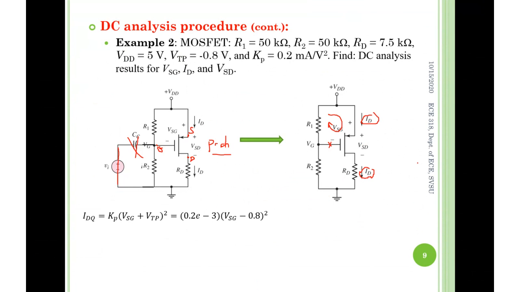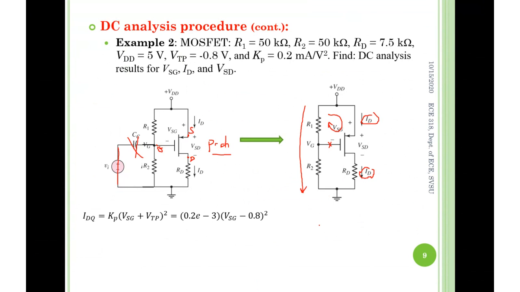I'll give you 1 minute to write this VSG loop KVL yourself, and another minute for the voltage divider, R1 and R2. Two equations.